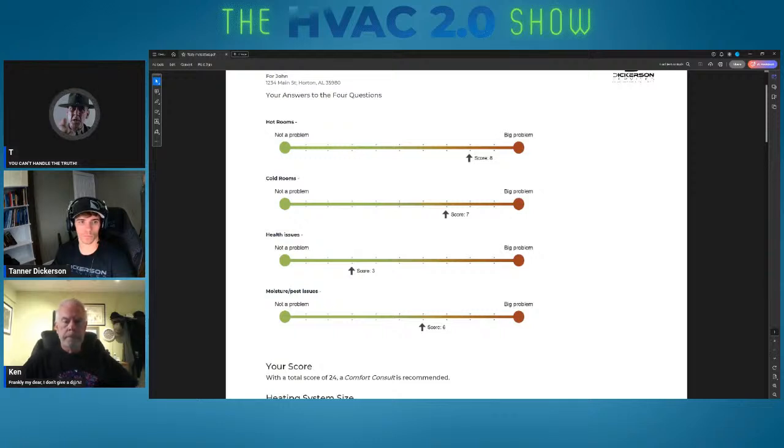And so they're converting a lot fewer to Comfort Consults. And sometimes if the homeowner is in a hurry, they're deconverting from Comfort Consult to what they're calling sort of an enhanced free quote. So it's enhanced in that it gets a blower door so that the homeowner still gets an understanding of whether their house is a basket case or not.